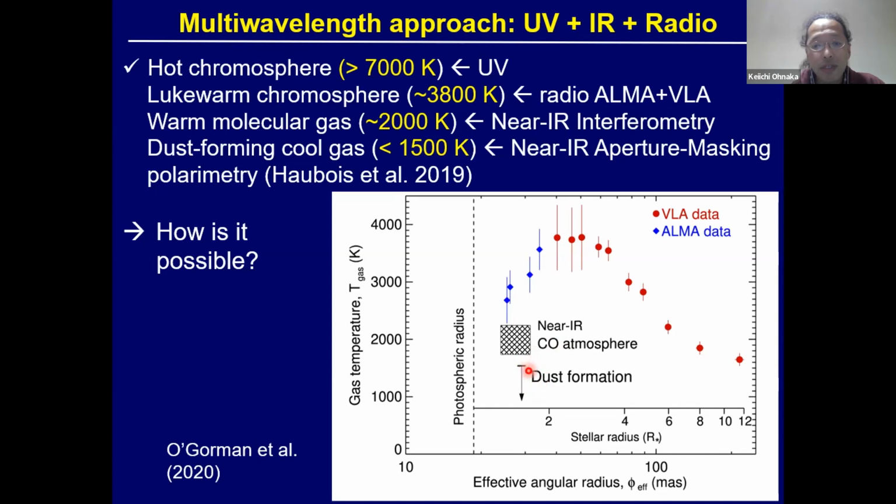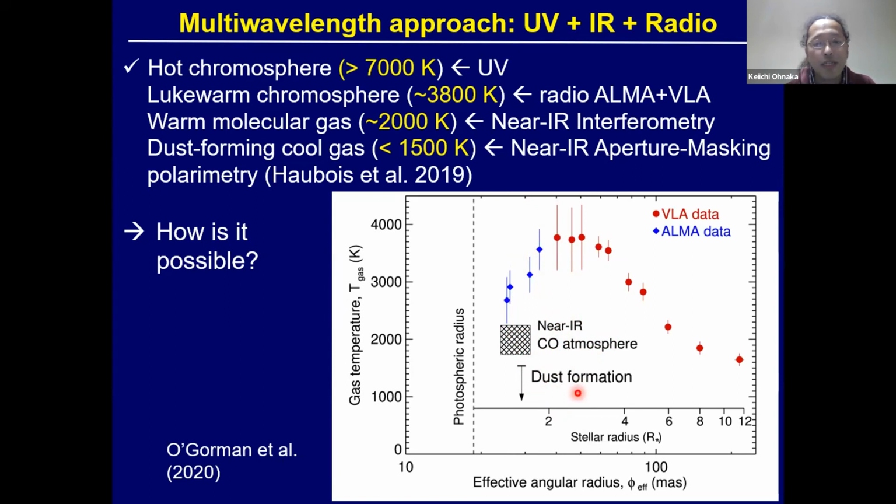And this arrow shows the upper limit of the temperature constrained by the dust formation detected by aperture masking polarimetry. So at these radii, near 2 stellar radii, we have everything. This is the lukewarm chromosphere and the really hot chromosphere, and this molecular gas and the cool dust-forming gas.